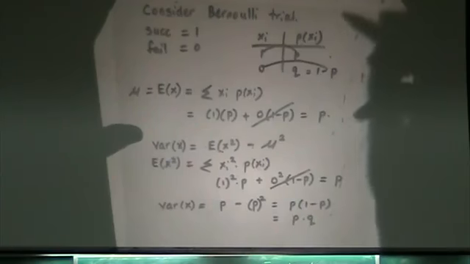Are you with me? So this is equal to p parentheses 1 minus p. I factored out the p, and I get p times q is the variance of one Bernoulli random variable. So here x is Bernoulli.